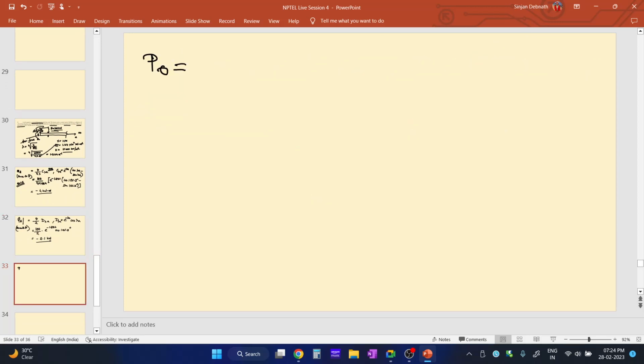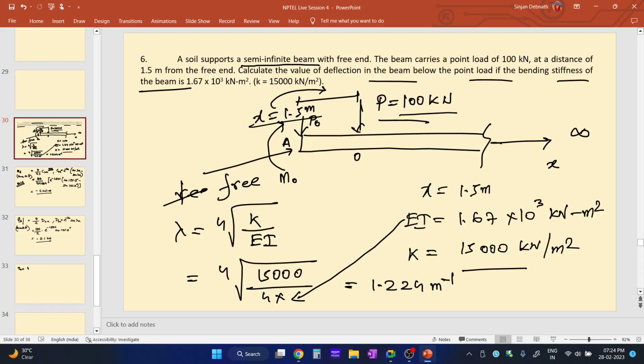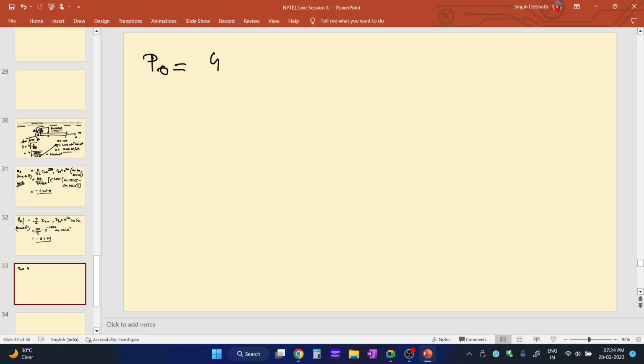So P0 will be equal to the counteracting force, that is this P0 and M0. So P0 will be equal to 4 lambda into MA plus QA.